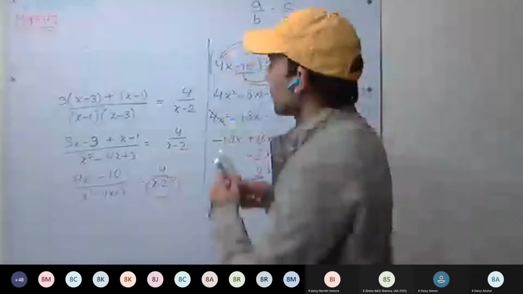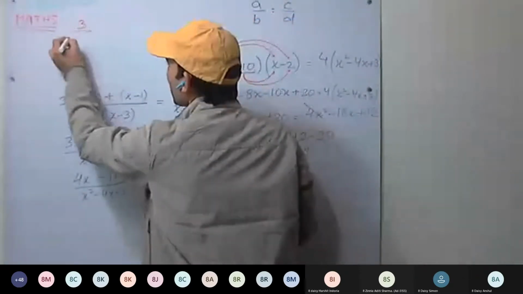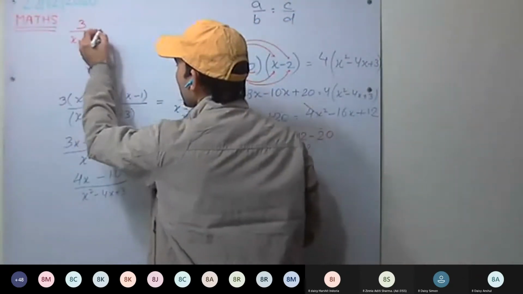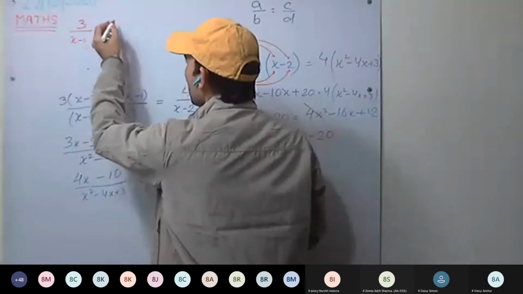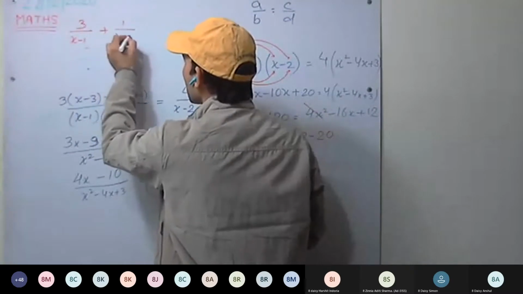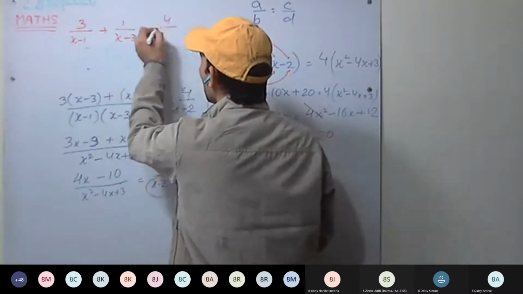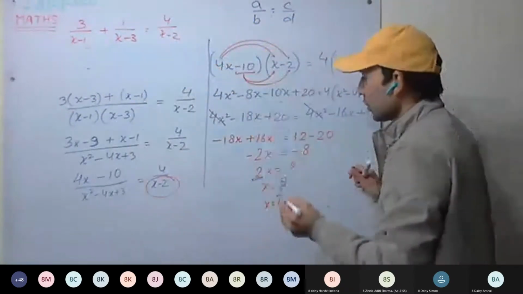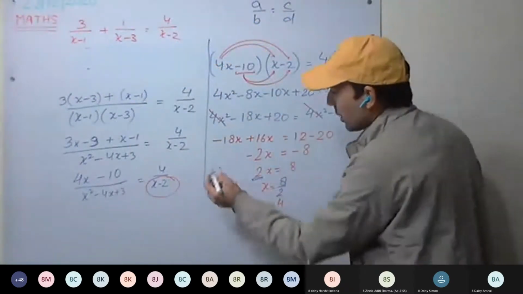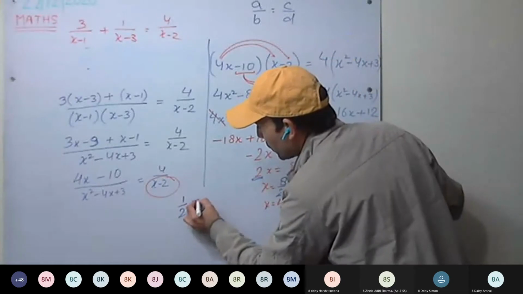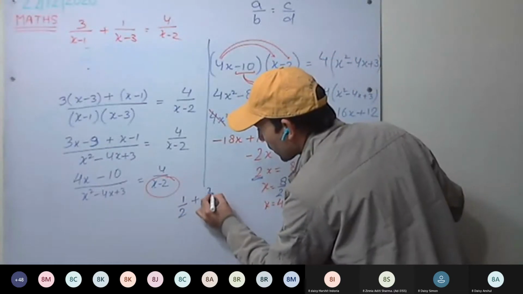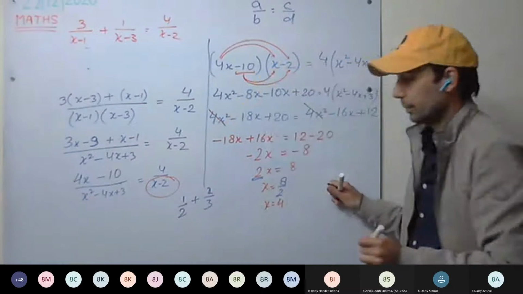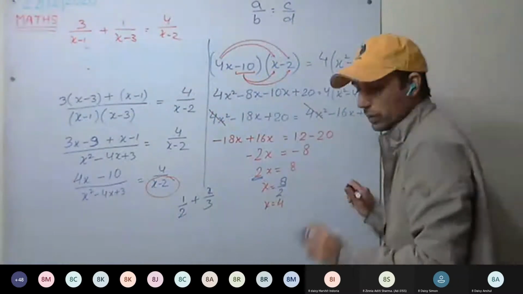See here again, the question is 3 upon x minus 1 plus 1 upon x minus 3 equal to 4 upon x minus 2. So if I tell you to add 1 upon 2 plus 1 upon 3, how are you going to add them? What do you do?